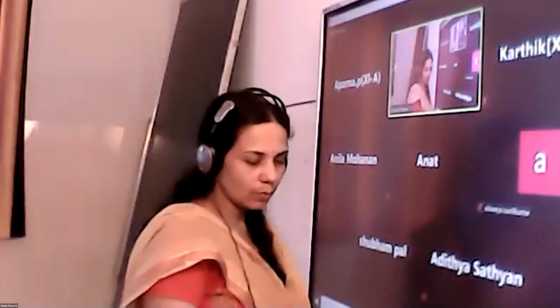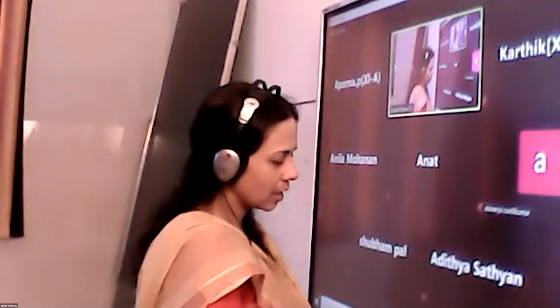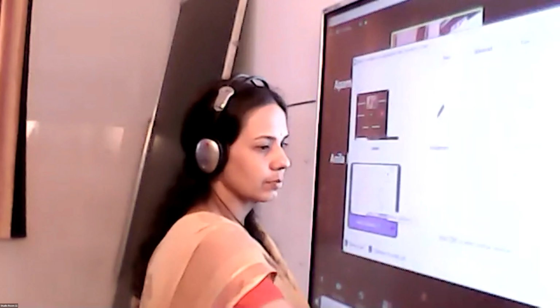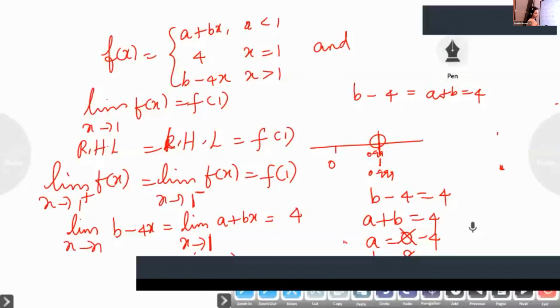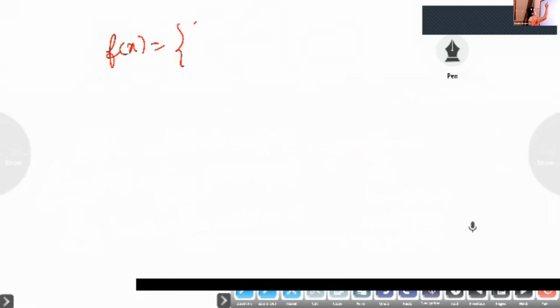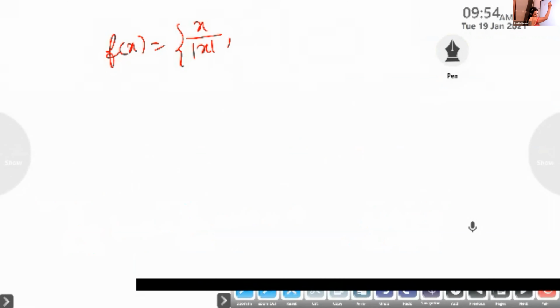F of x is equal to x by modulus of x if x is not equal to 0, and this is 0 if x is equal to 0.